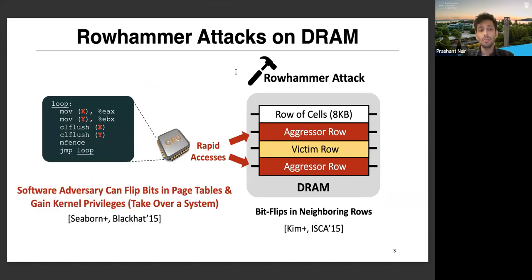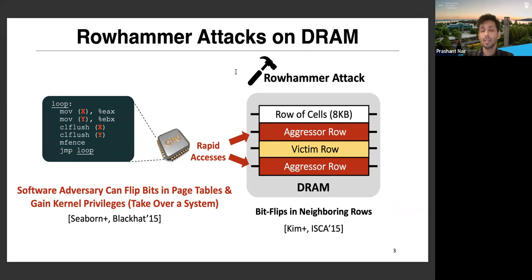On the left-hand side, you have a small piece of code that can be used to trigger or orchestrate the row hammer attack. In fact, a software adversary can use this attack to flip a few bits in the page tables and gain kernel level privileges, and thereby take over the system.